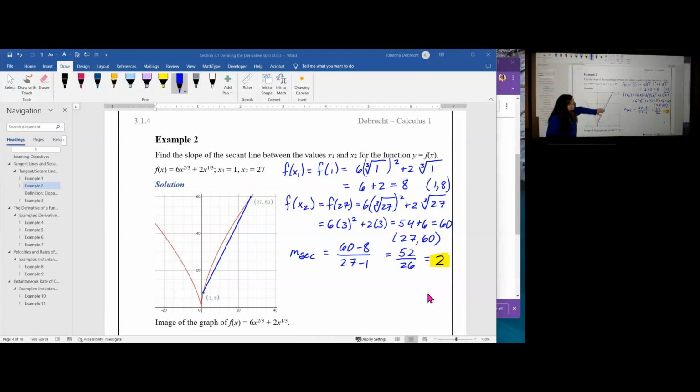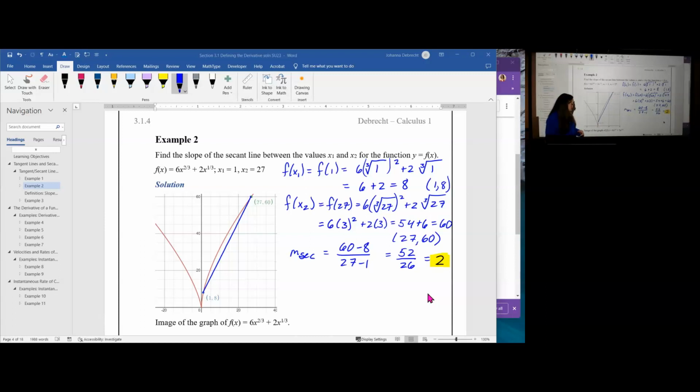You'll see right here in the graph, which is kind of interesting, and notice it's got this sharp point here near the origin. And I've drawn the line connecting the 2 ordered pairs, showing it is the slope of the secant line.